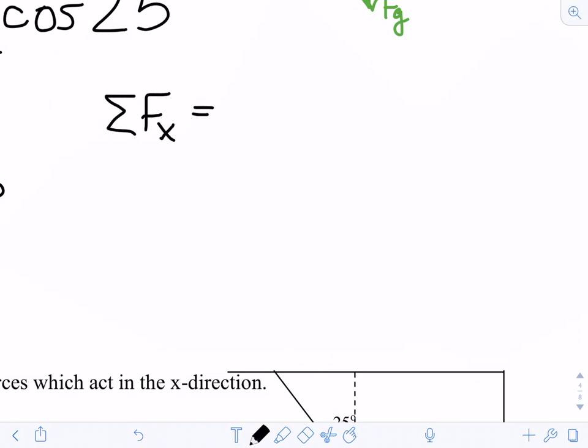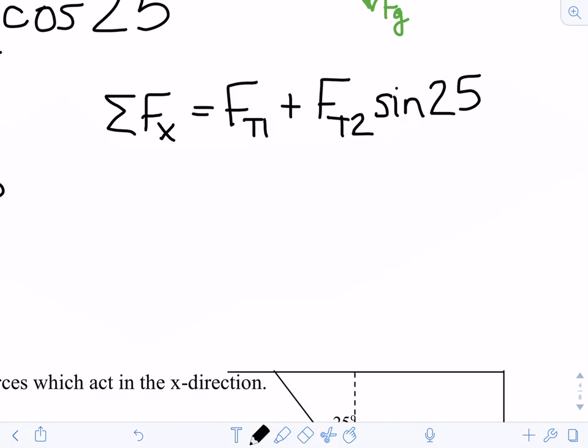Forces in the x direction are FT1 plus the x component of FT2, which was FT2 sine of 25. Again, Newton's first law tells us that these forces have to sum to 0.